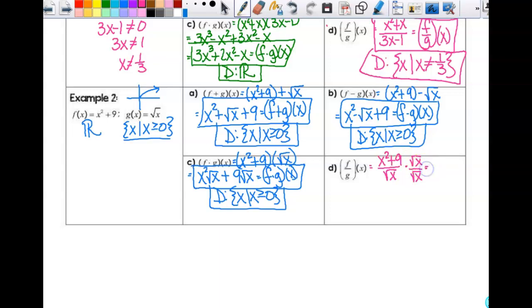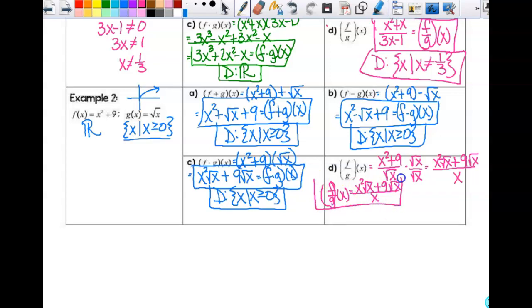When I distribute in the numerator, that's going to give me x squared times the square root of x plus 9 times the square root of x all over x. Okay, so I can't cancel these out. There's no reducing. If I could factor an x out of both the terms in the numerator, then I could reduce, but I can't here. So f over g of x equals x squared times the square root of x plus 9 square root of x all over x.